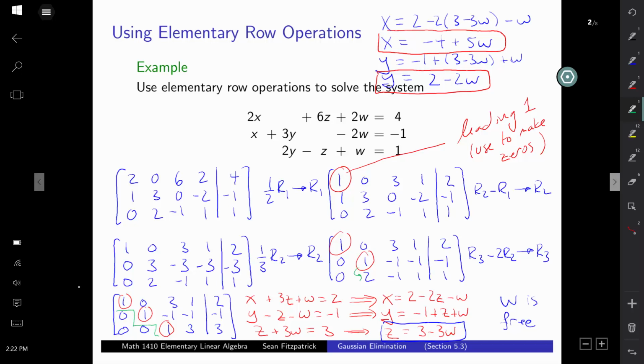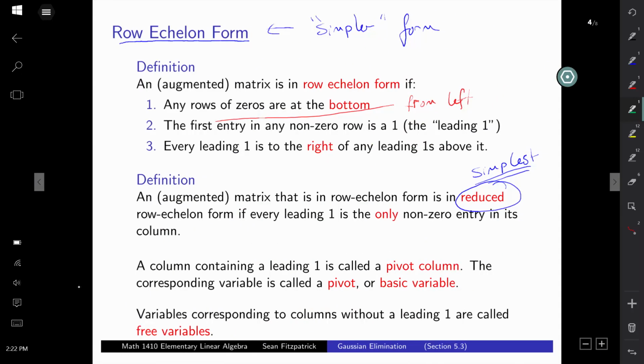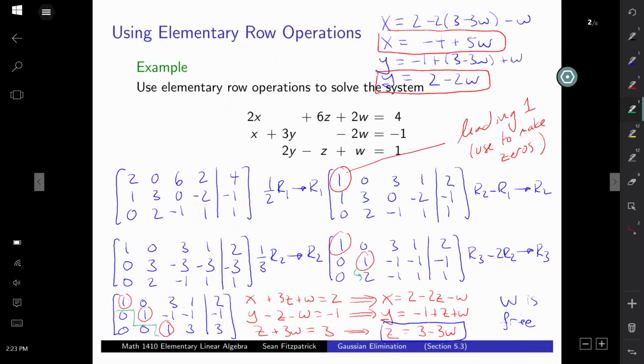What do I need to be in reduced row echelon form? I need this condition here. Every leading one has to be the only non-zero entry in its column. So what's missing? Why is this not in reduced row echelon form? Well, we look at this column here. The first leading one is by itself in its column. Every other entry in the first column is 0.